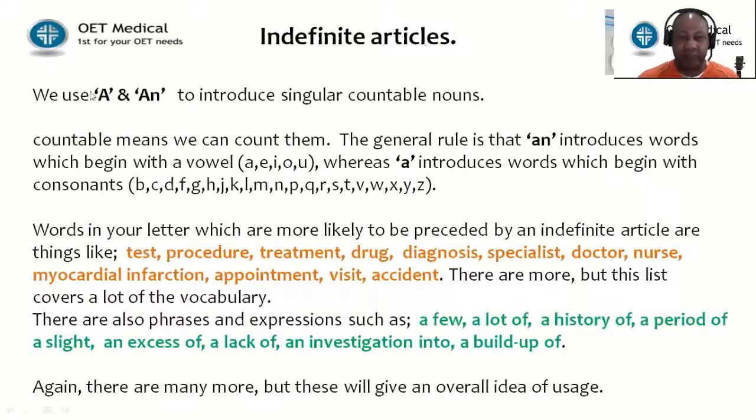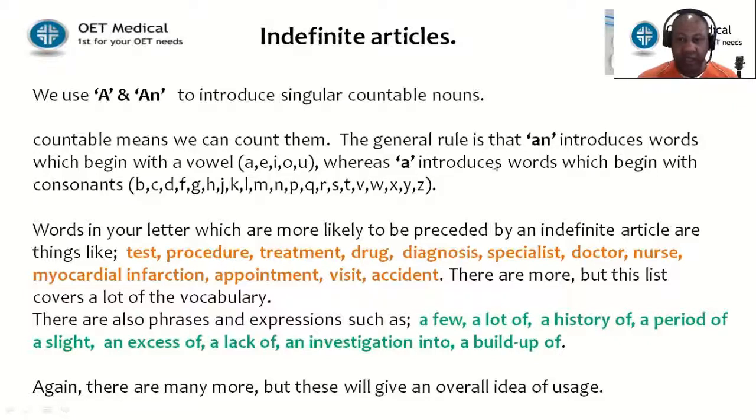Indefinite articles are a and an, used to introduce singular countable nouns. We'll be looking at countable and uncountable shortly. Countable nouns means we can count them, and the general rule is that an introduces words that begin with a vowel: an egg, an engineer, an intention, an orange, an umbrella.